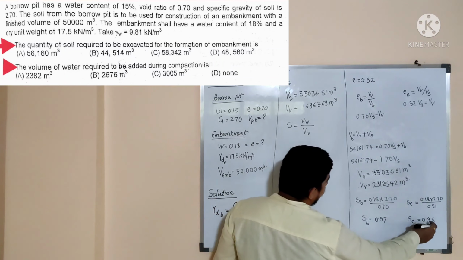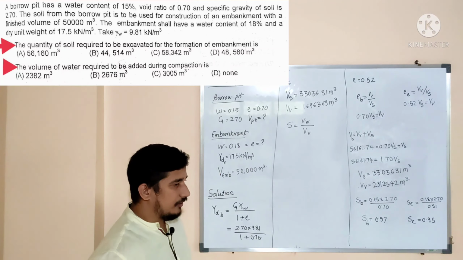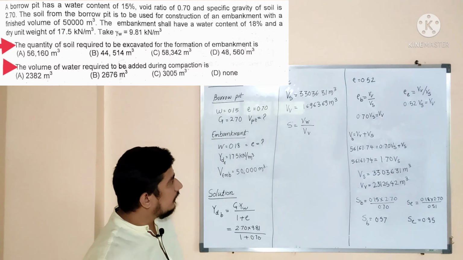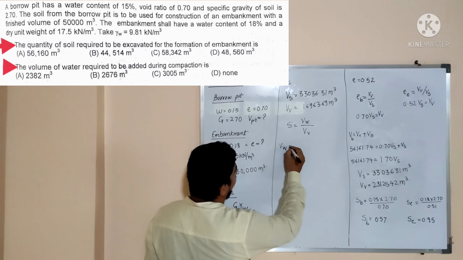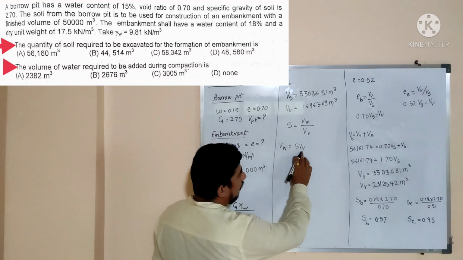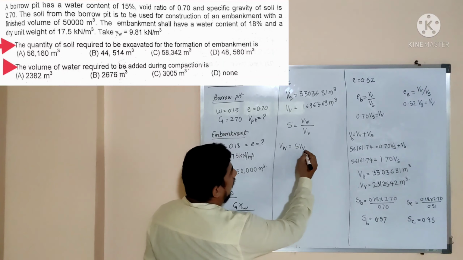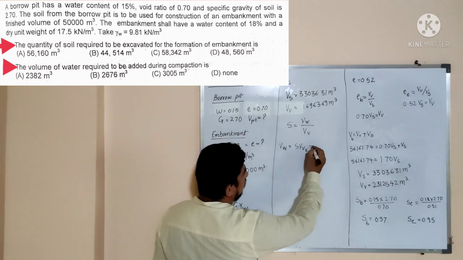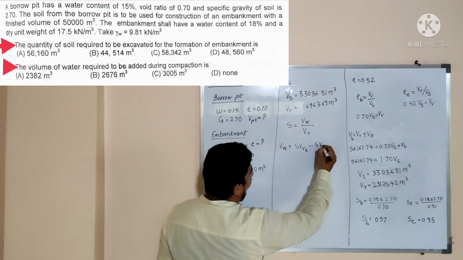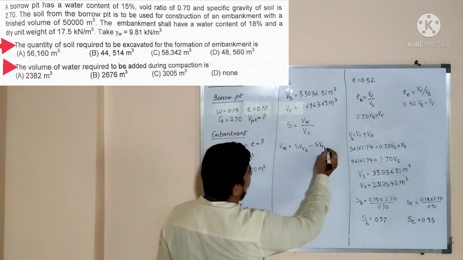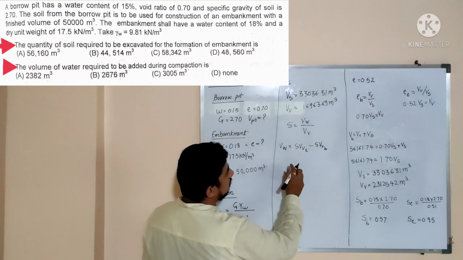For this change, how much water is required? If you want to find that out, the volume of water can be given as the degree of saturation multiplied by the volume of voids at the embankment minus the degree of saturation and volume of voids at the borrow pit. Okay, like this we can find.